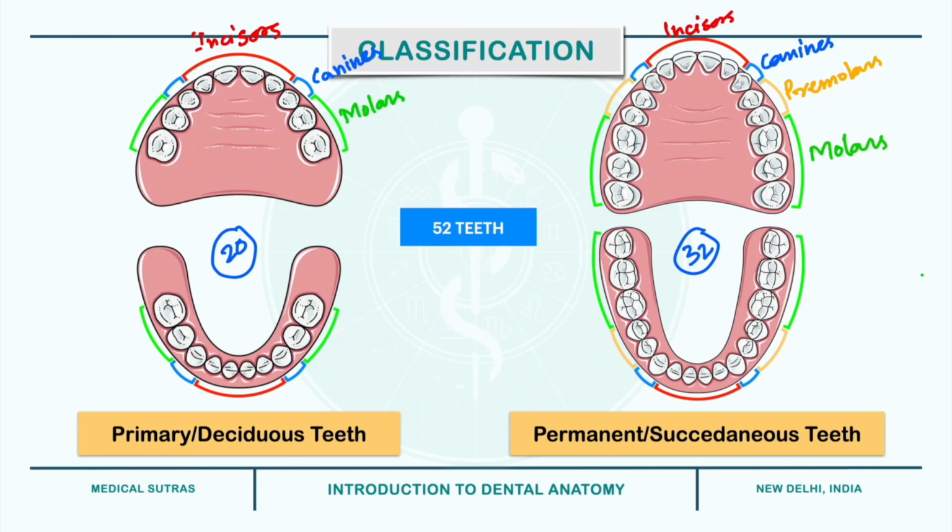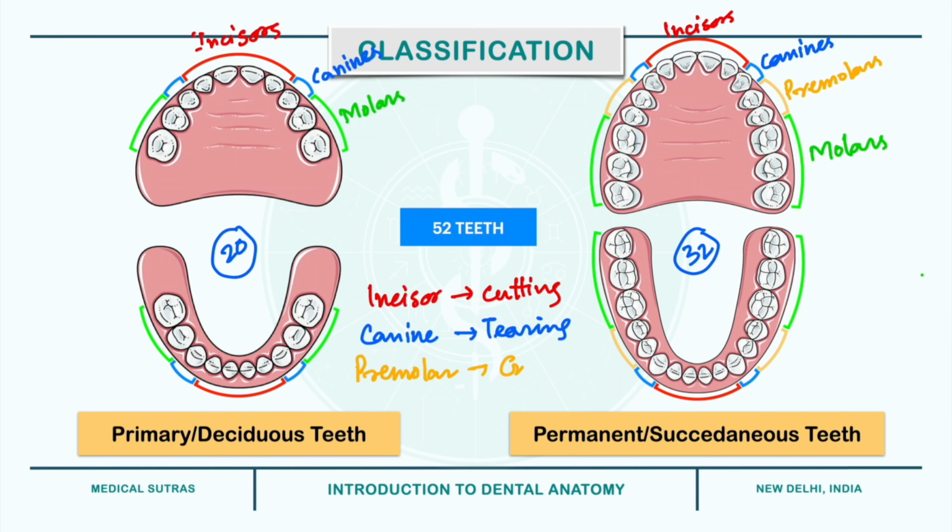The incisors are used for cutting food, while the canines help in tearing of food. Premolars help in crushing of food, and the molars are used for grinding.